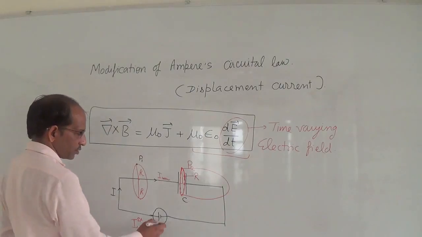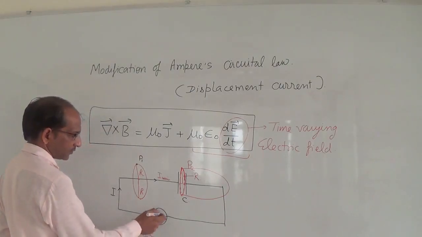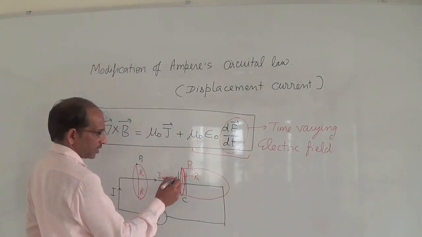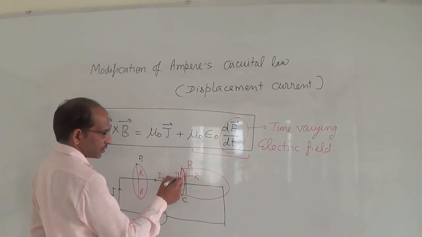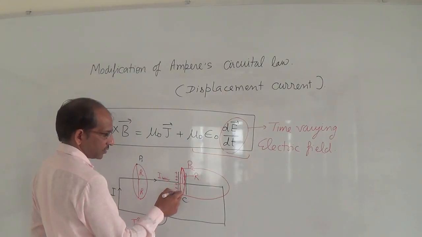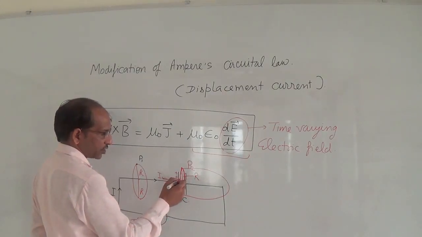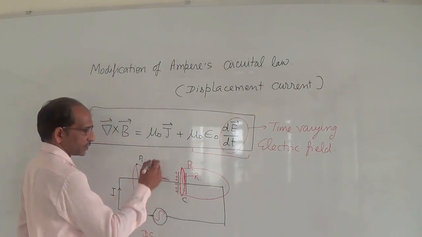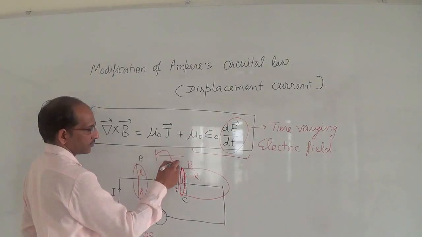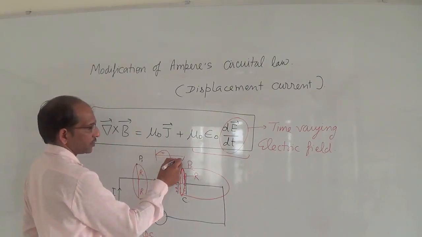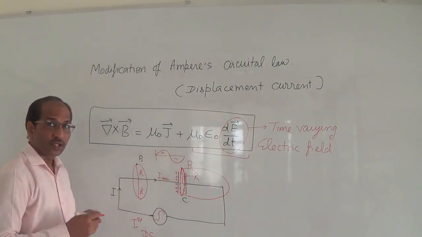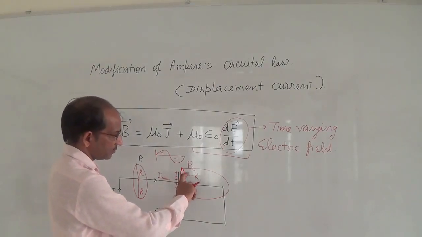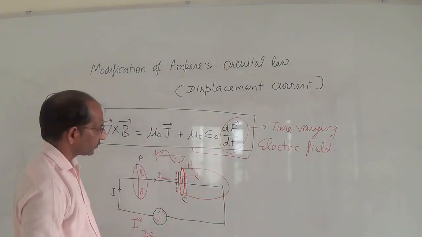But if I use alternating current here, then the capacitor works, and as a result in one cycle the plate charge will be positive, and in the other half cycle it will be negative.